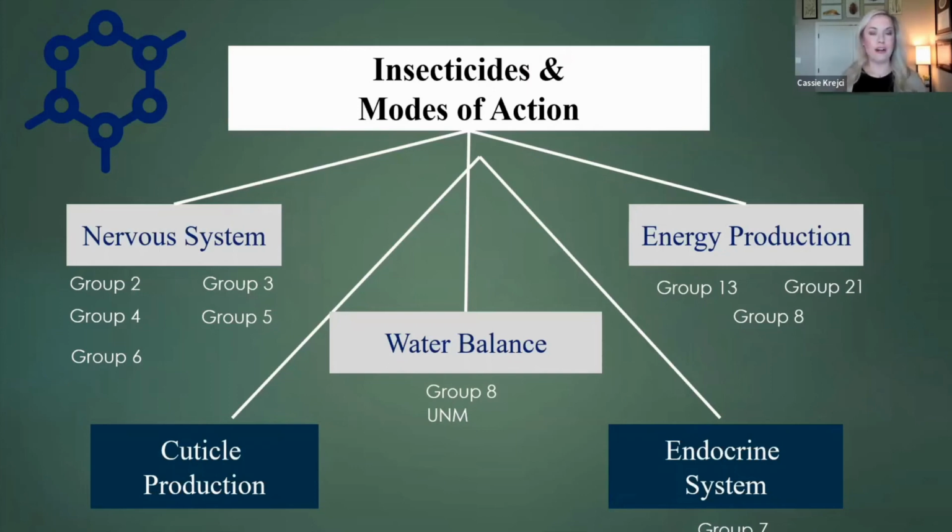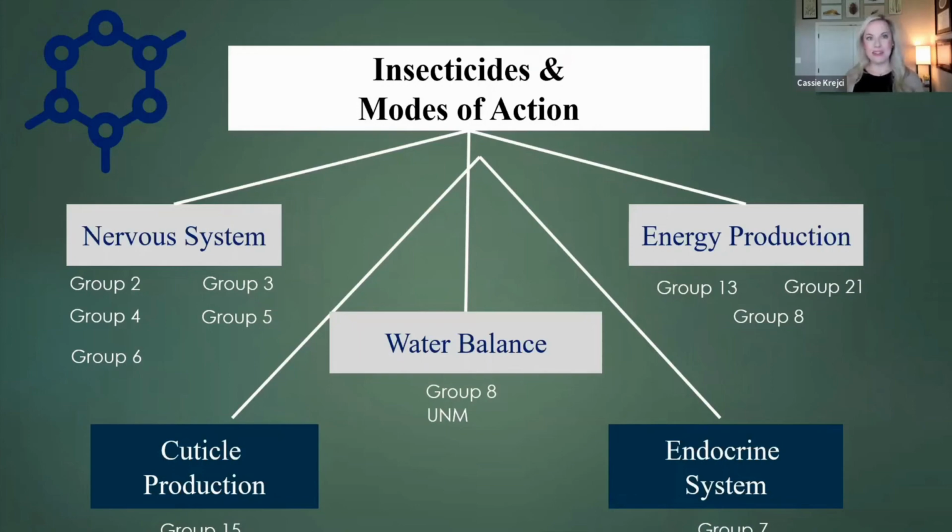You keep them immature forever. Another way to do that is through cuticle production, basically interrupting metamorphosis and inhibiting chitin formation. You do this with active ingredients like novaluron and novafluveron in group 15, but essentially that hard exoskeleton never comes to fruition and the insect dies because they're malformed before they reach adulthood.